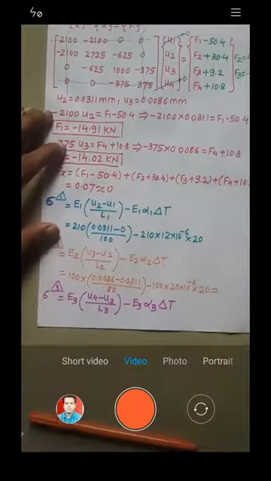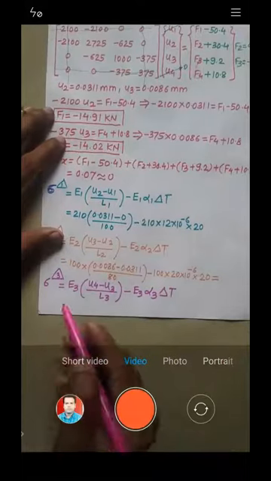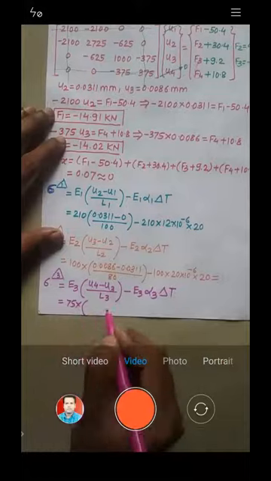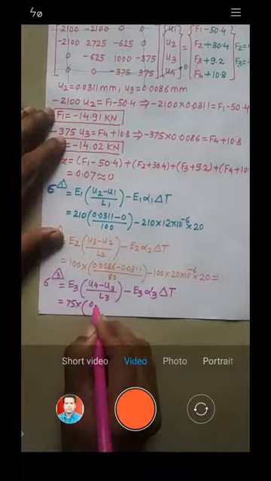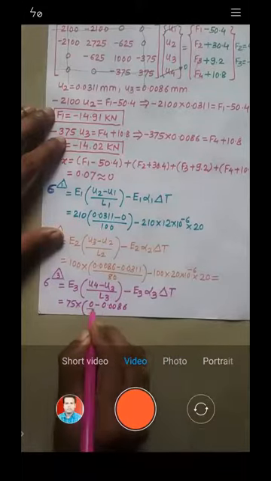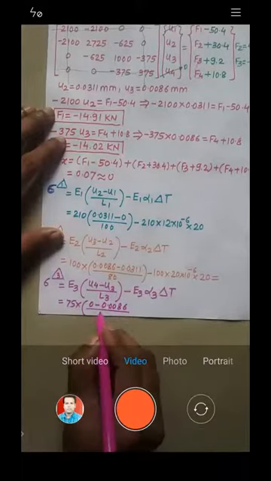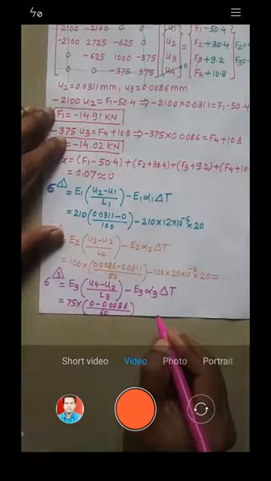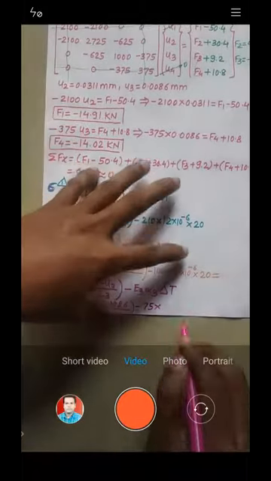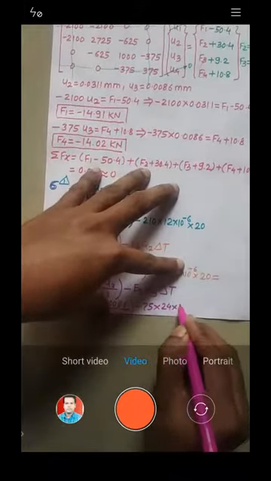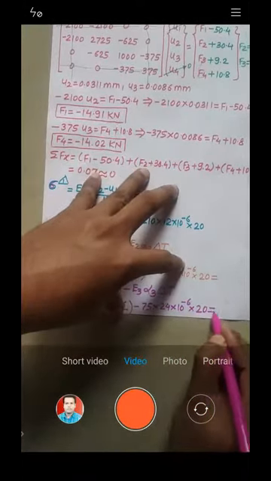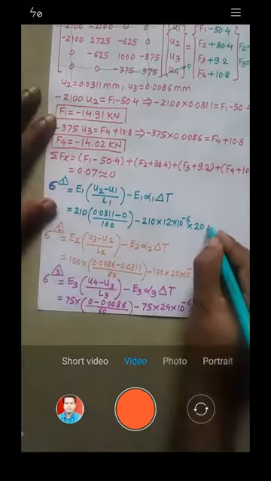Similarly, I will put these values here. Value of E3 is 75 into U4. U4 is 0 minus U3 is 0.0086 upon its length, 60, minus E3 is 75 into alpha 3 is 24 into 10 raised to power minus 6 into delta T is 20. So all of you, immediately let me know the values, what you got.